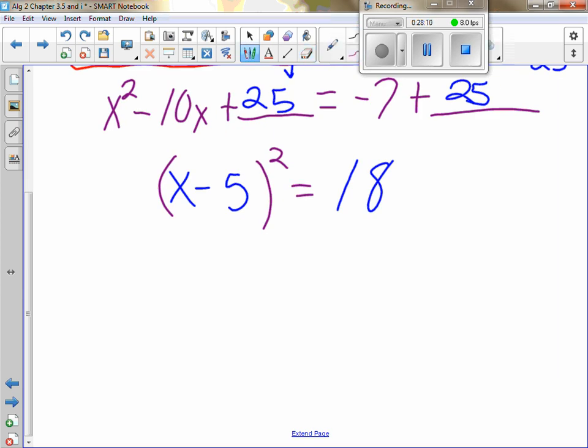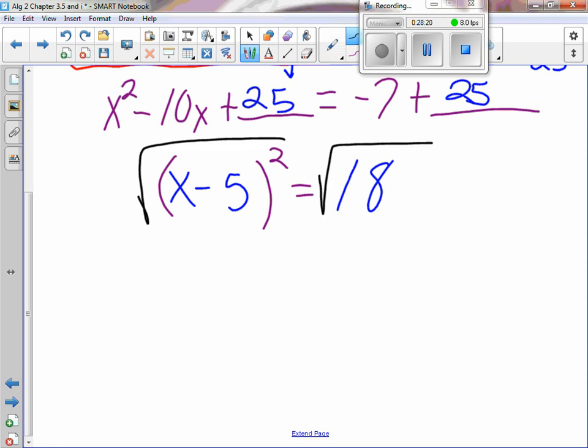We have a set of parentheses squared, so that means I can use the square root method. So I can square root both sides, because the square root and the square will cancel, leaving us with x minus 5 is equal to plus or minus 3 square root of 2.